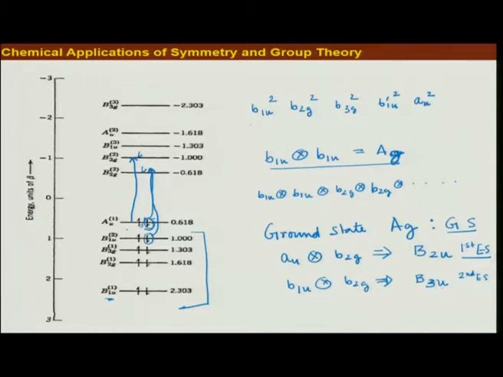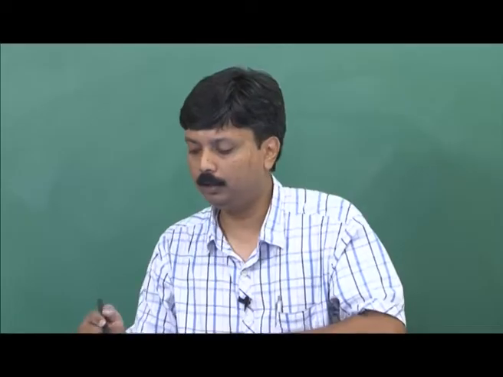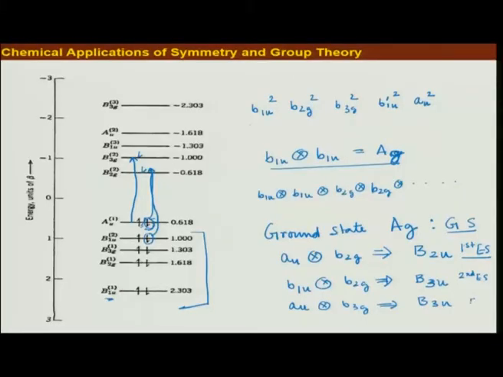So for this transition from AU to B3G, the symmetry of the state will be obtained by taking a direct product of AU and B3G. And here, after doing this, you will see that this corresponds again to B3U symmetry. Okay. So you can say that this is also almost degenerate with the previous excited state that we got.